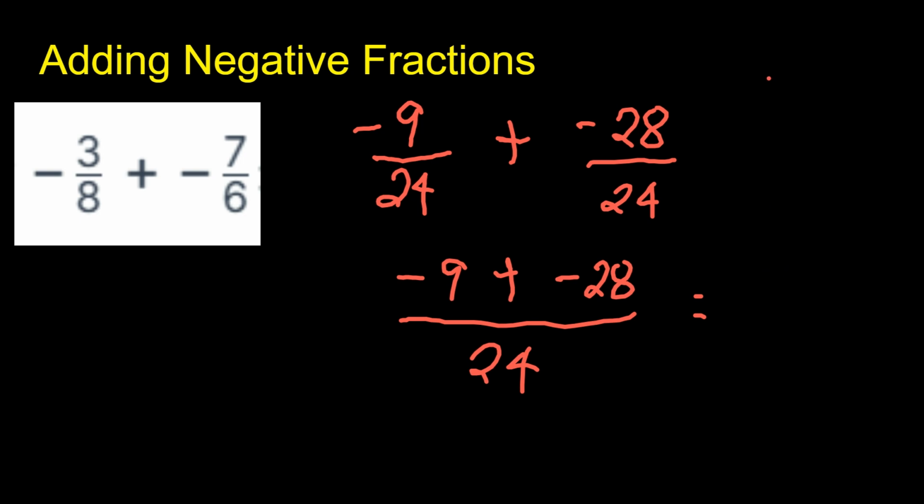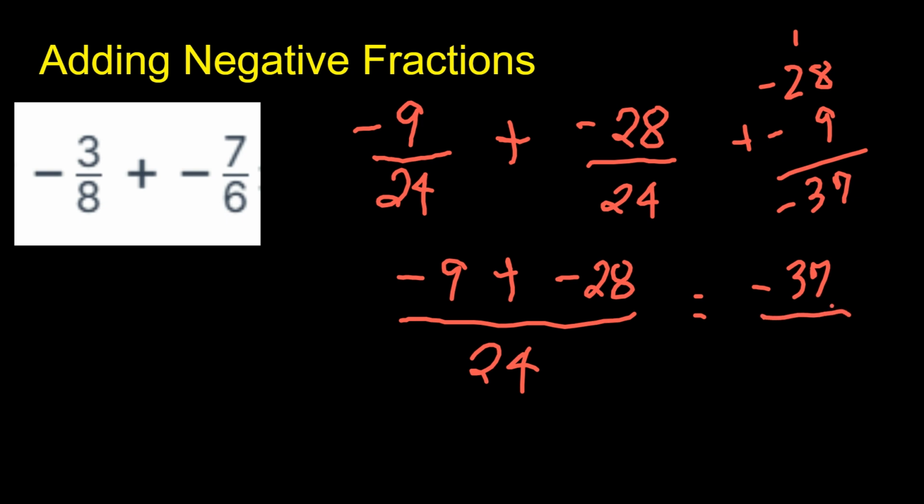So negative 28 plus negative 9, that's 7, one up, so that would be negative 37. That's our numerator, over 24. So we now have our answer as negative 37 over 24.